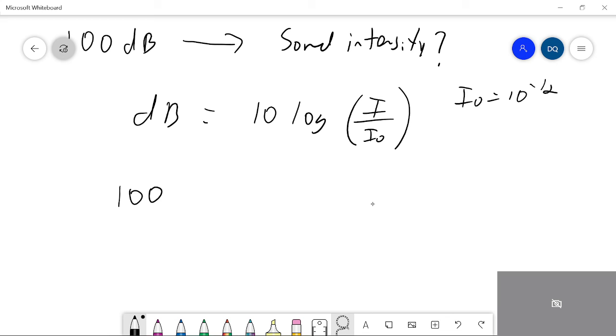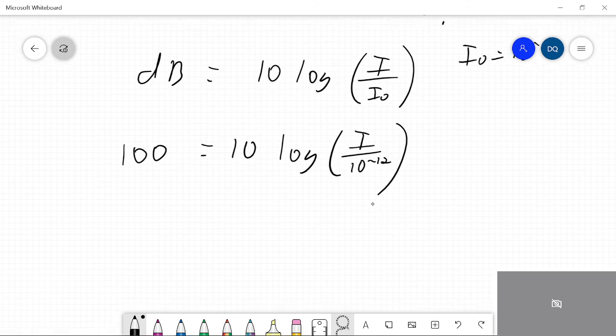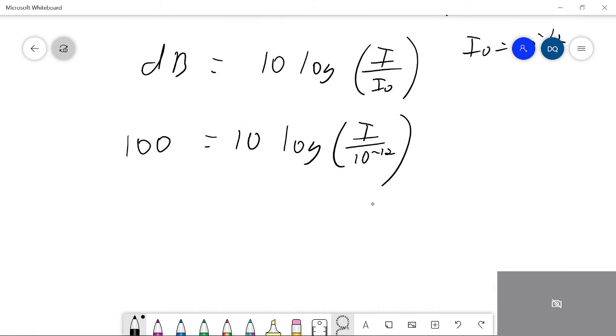So 100 decibels is 10 times the log of the sound intensity we're looking for over 10 to the minus 12. So do a little bit of math to that. Divide the 10s out, so you end up with 10 is the log of I over 10 to the minus 12.